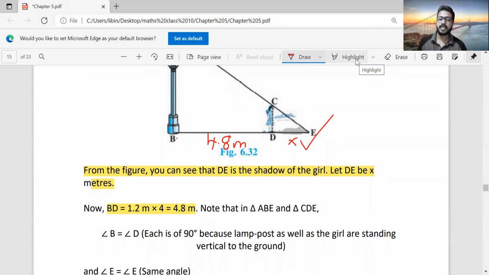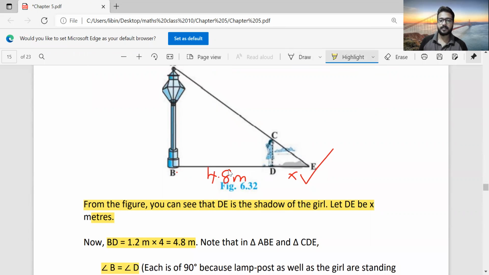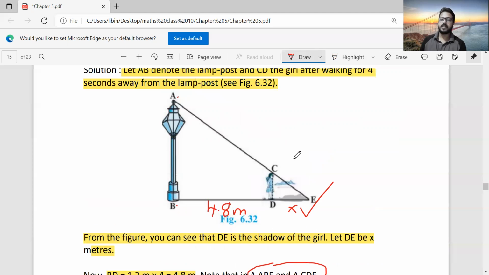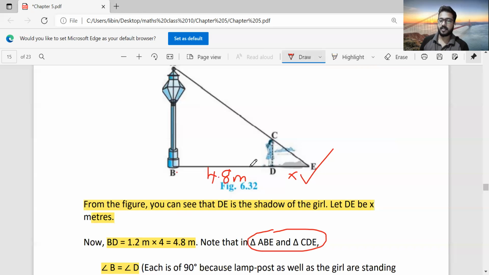Now angle B is equal to angle D. And one more thing, what is our aim? Our aim is to check whether triangle ABE and triangle CDE are similar. If they are similar, then by using the angles and the sides, we can find our required DE. That's why we are going to check it.